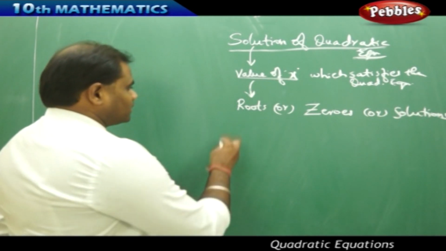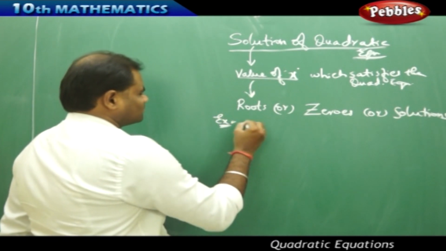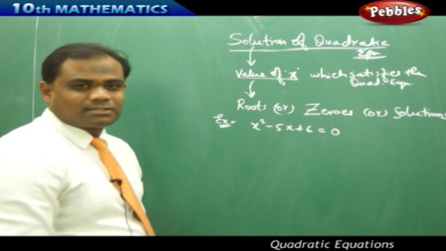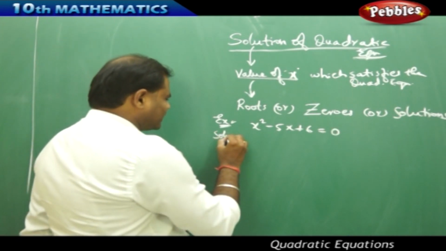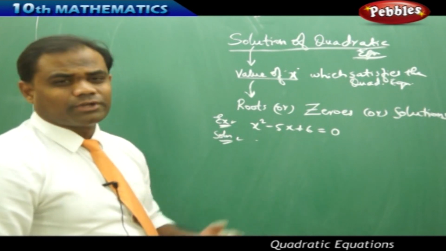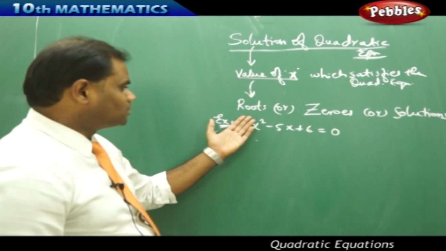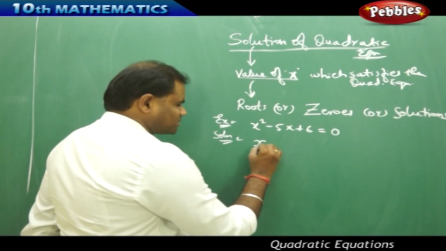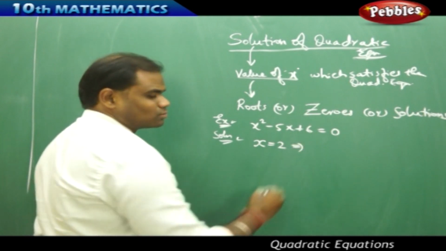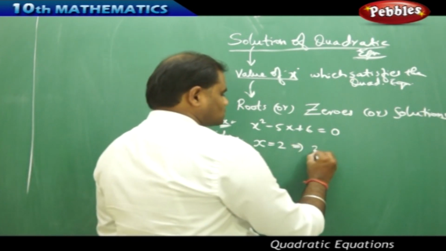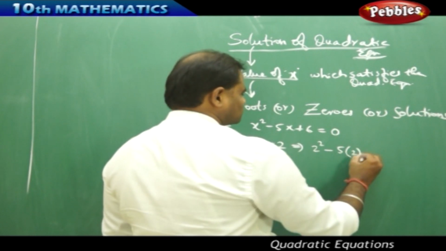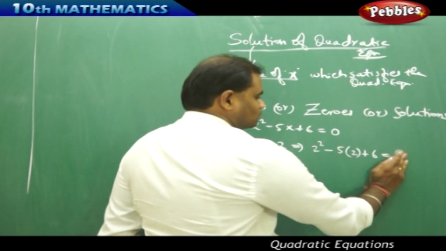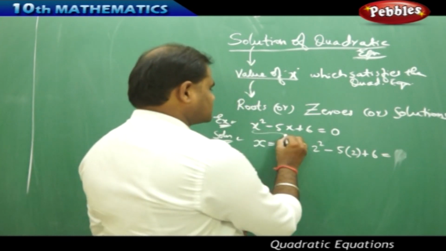So for example, if I take this, then let me see the value of x which satisfies this equation, and that way x is either called the roots or the zeros or the solution. So clearly, let me start with the trial method. When I take x equal to 2, I get 2 squared minus 5 times of 2 plus 6 equal to 0, let's see what I get when I substitute in the left hand side.